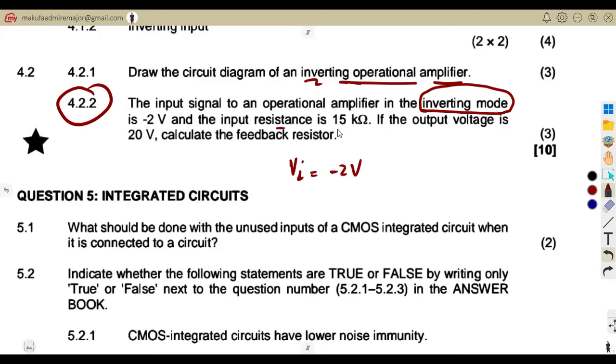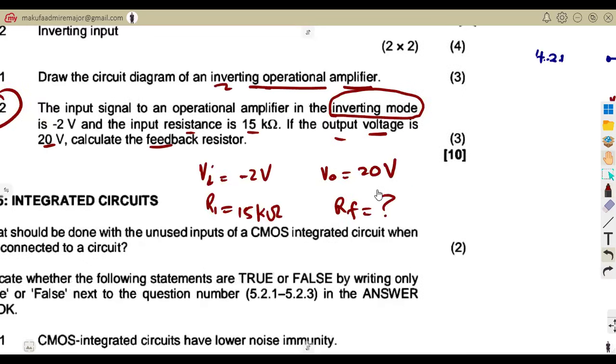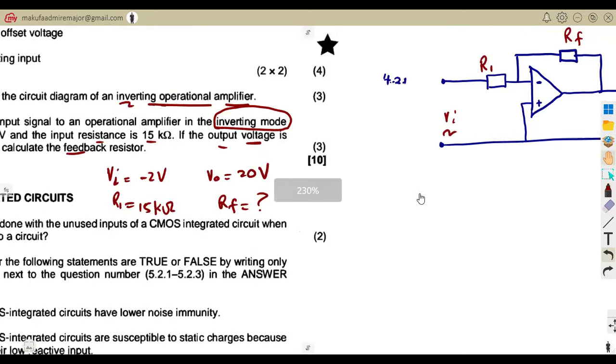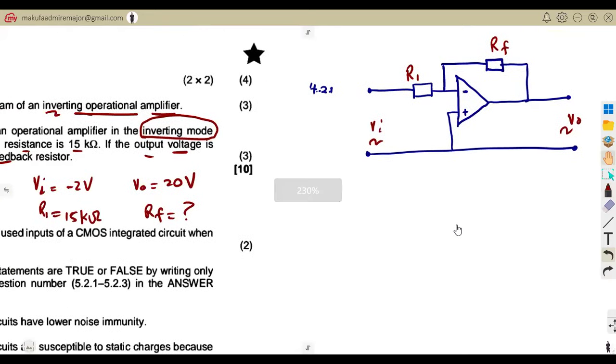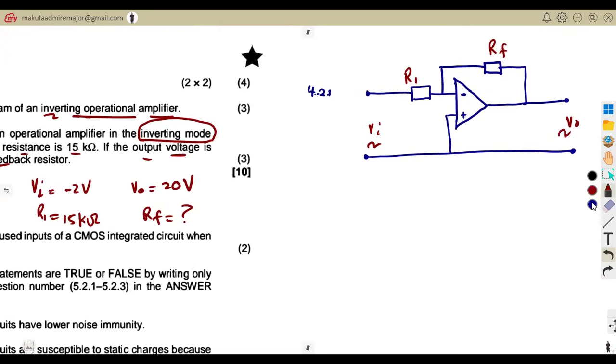The input resistance, as we saw from our diagram, there is R1 there, which is given as 15 kilo ohms. You're also given the output voltage, which is 20 volts. Calculate the feedback resistor, which is RF. So how do you obtain this from your inverting op amp, the one that we are having here? How can we obtain the value of the feedback resistor?